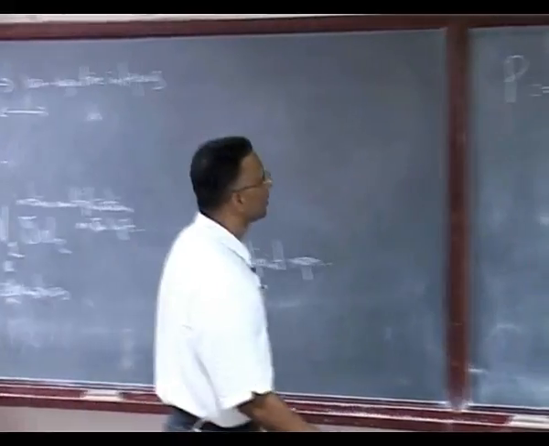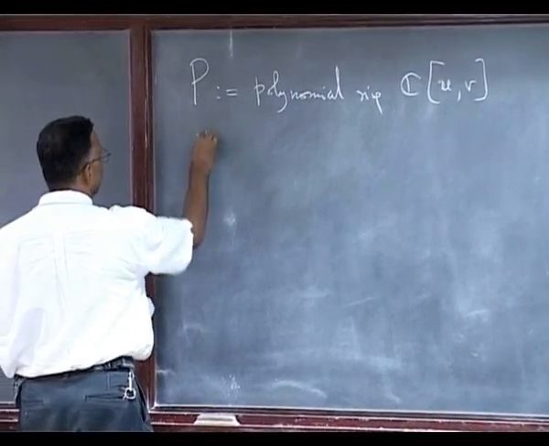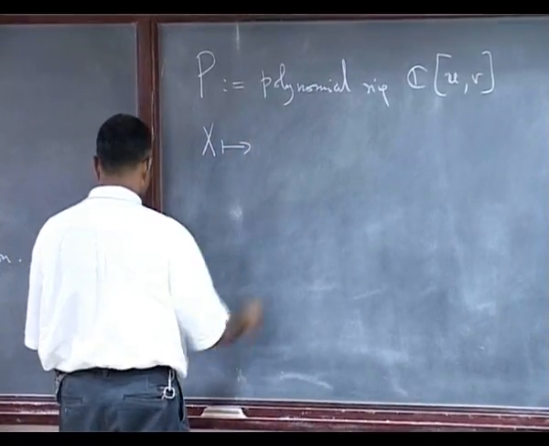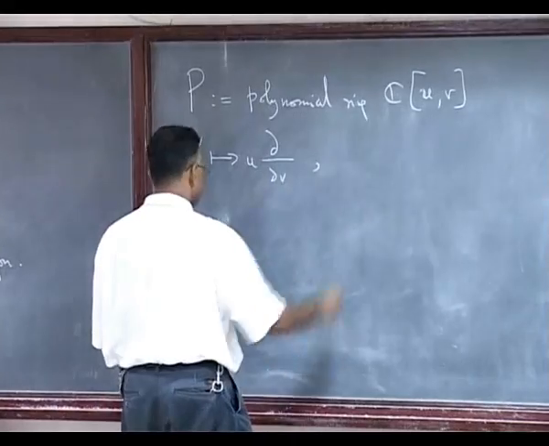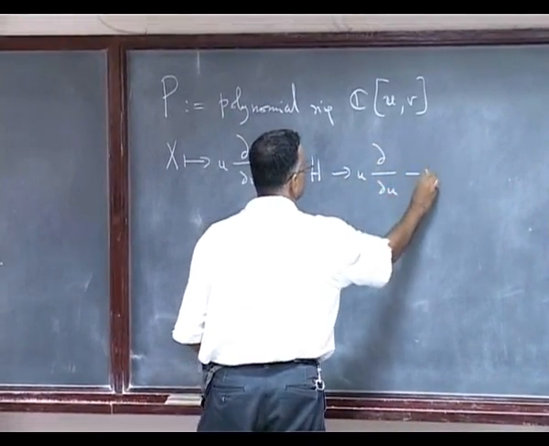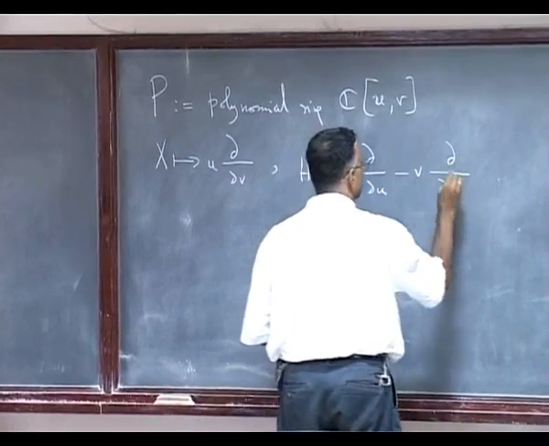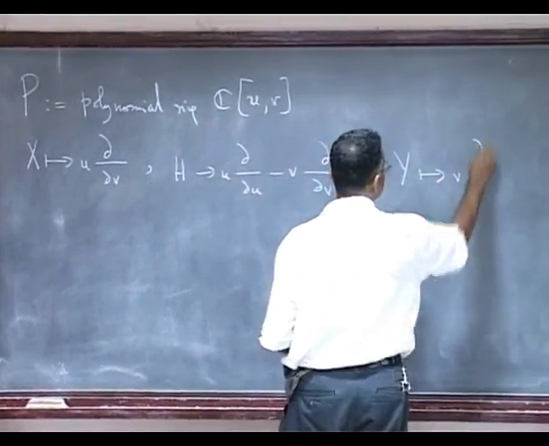And then I take X to be U del by del V, H to be U del by del U minus V del by del V, and Y to be V del by del U.